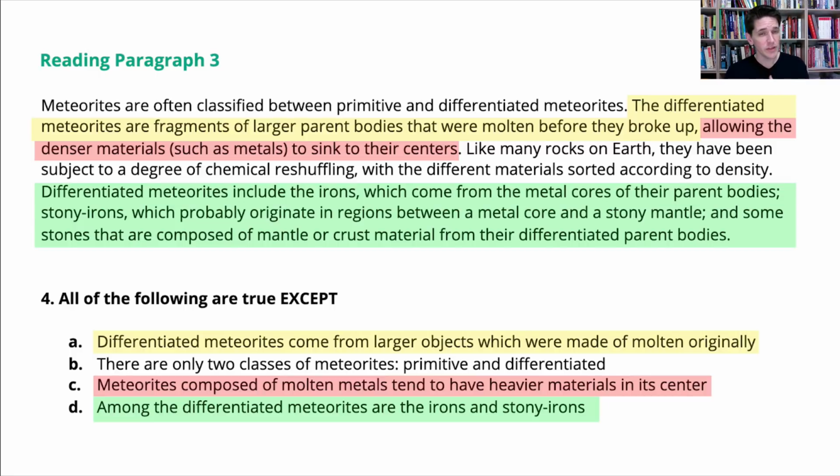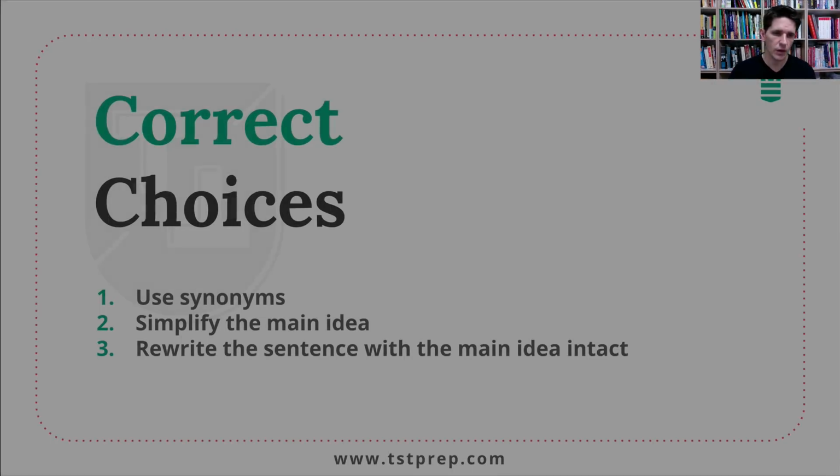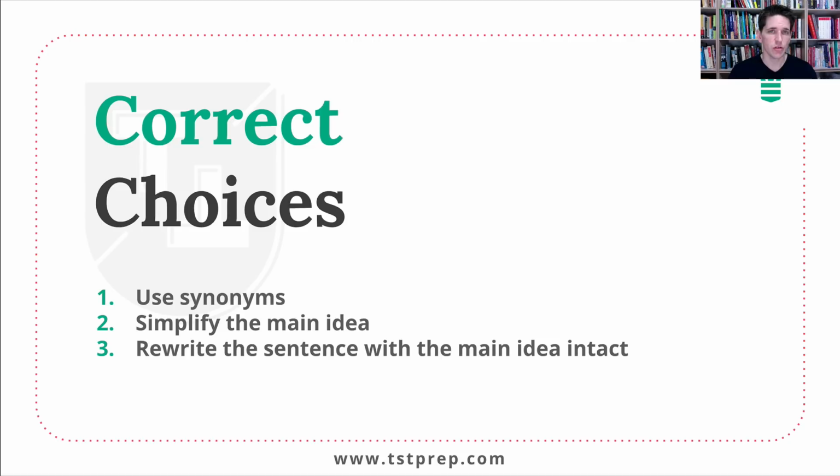But all the information is there, so I have to focus on the language and on the information to answer the question. Okay. So again, those are the three ways to make a correct choice, and they sometimes use a combination of all three. So I wouldn't try to figure out which specific one it is. You could do that, but really: use synonyms, simplify the main idea, rewrite the sentence with the main idea intact. Those are the different ways that they make a correct choice.